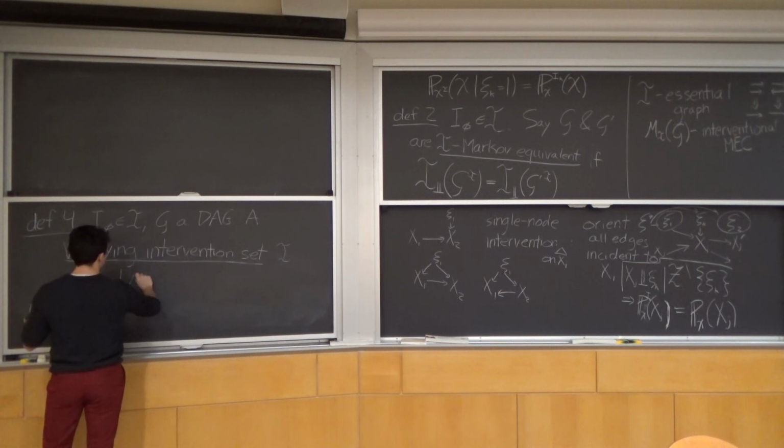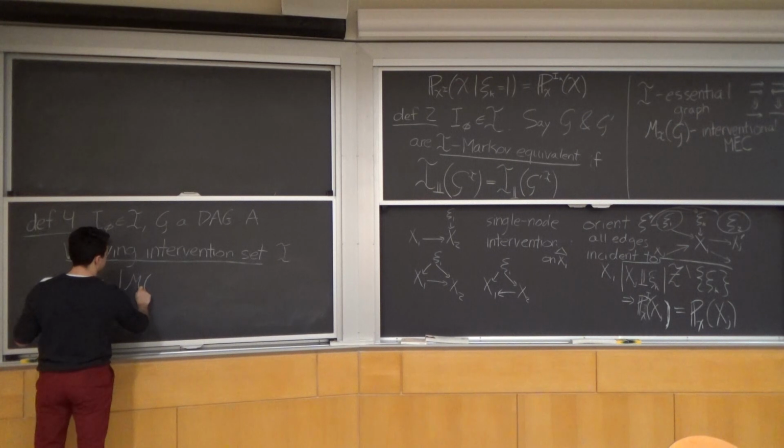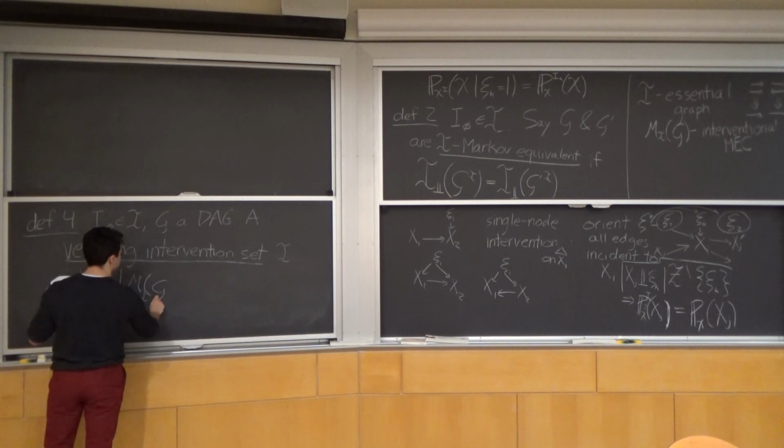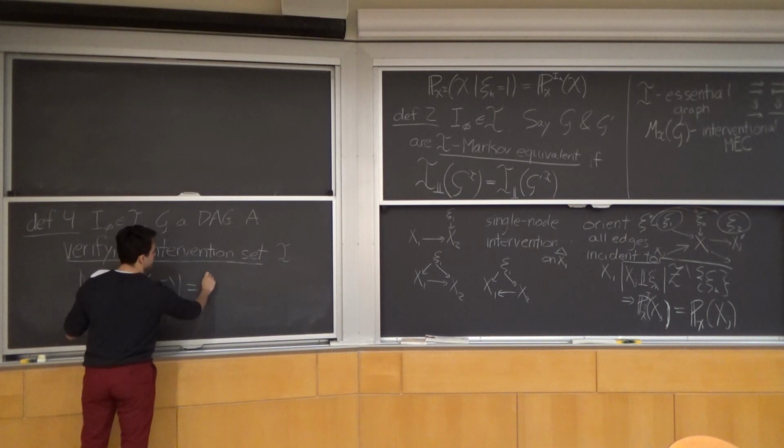One way to write it would be that the interventional Markov equivalence class M sub I of G is of size 1.